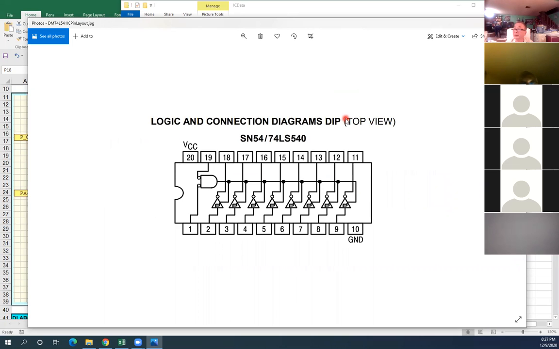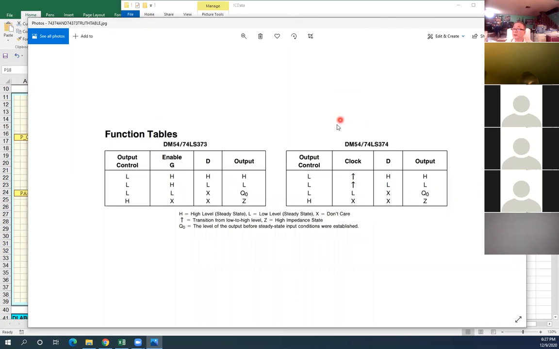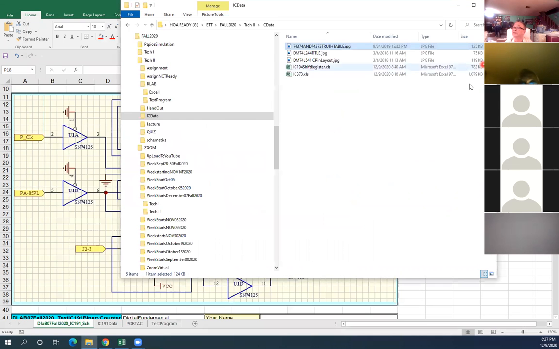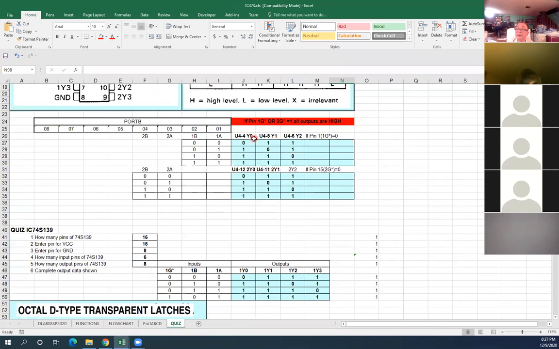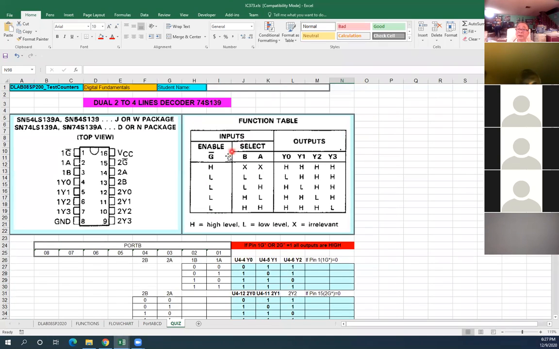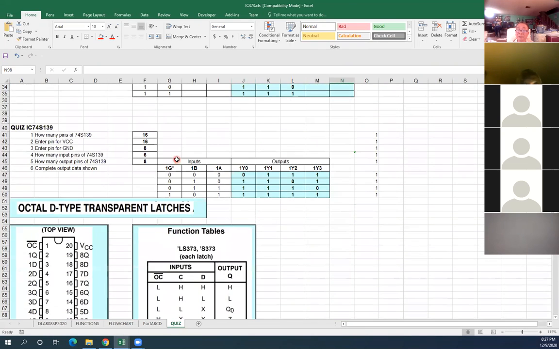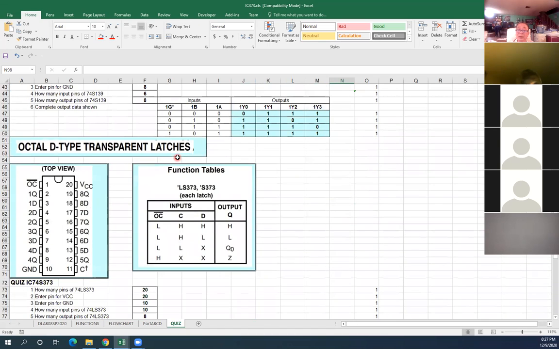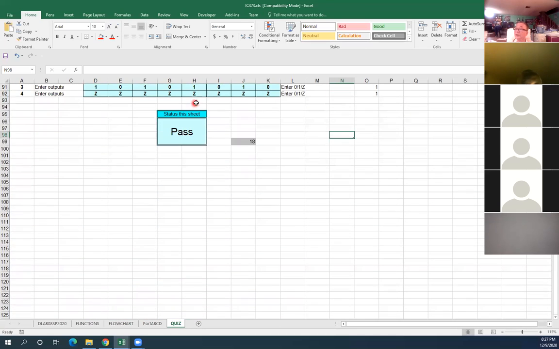Okay, let's see. This one still doesn't have a table. 344, 355, no, not yet. That will be 139, not yet. 373, not yet.